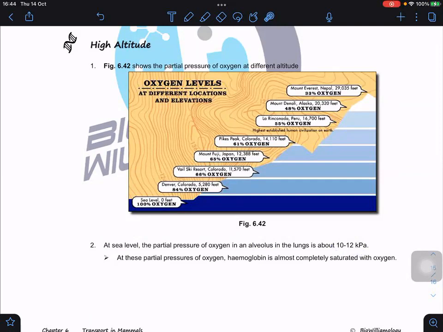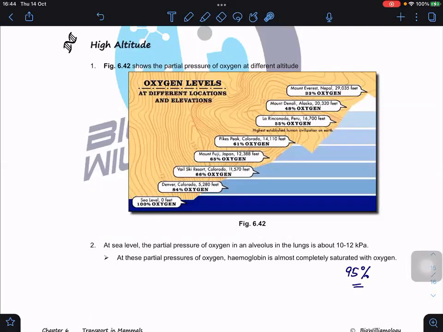At this partial pressure, hemoglobin is almost completely saturated with oxygen, roughly about 95% saturation. But when you climb higher and higher, you can see the oxygen concentration is lower. If we go up to about 5,000 feet, the oxygen concentration drops to 84.